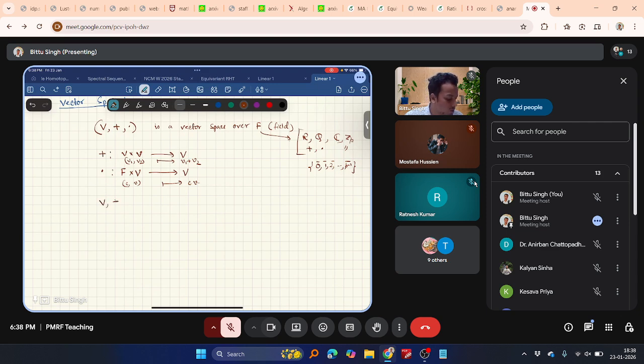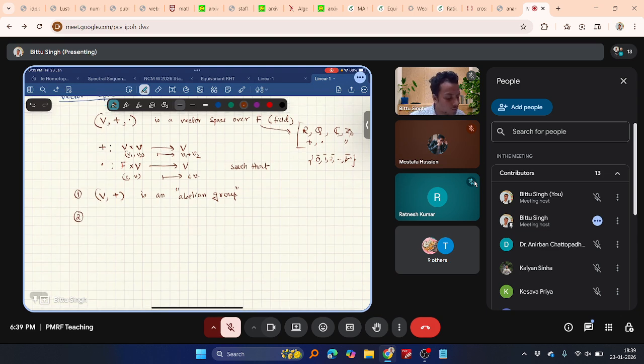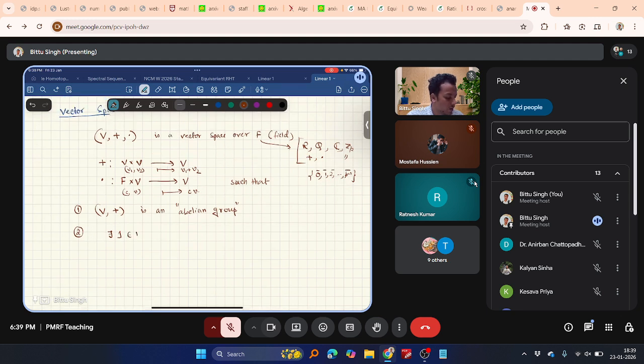So (V, plus) is an abelian group. I'll explain the meaning of abelian group, such that there are some properties related to the scalar multiplication. So there exists an element 1, which is the identity element from the scalar field F, such that 1 times v equals v.